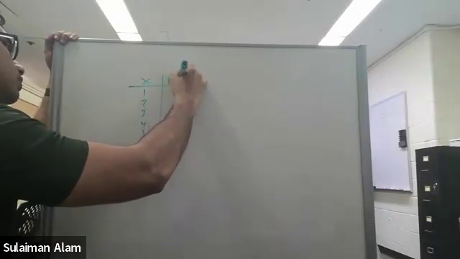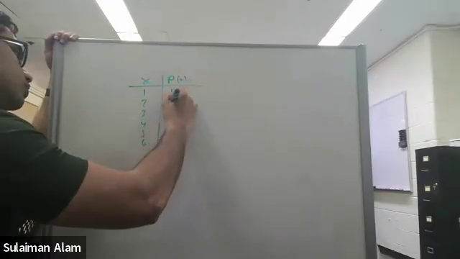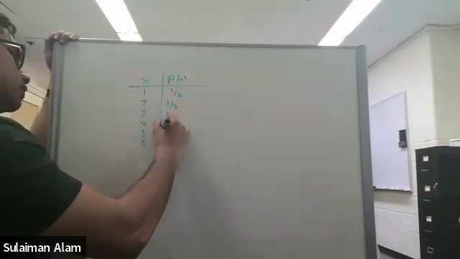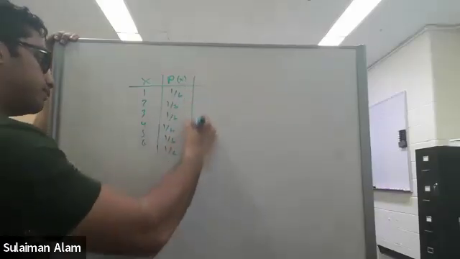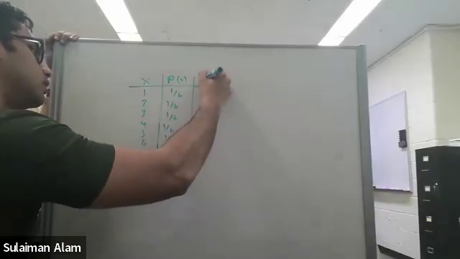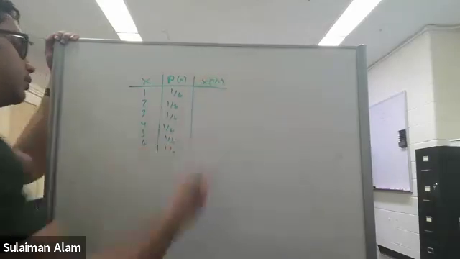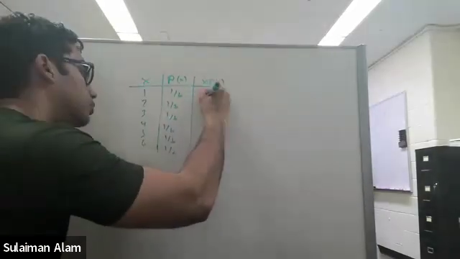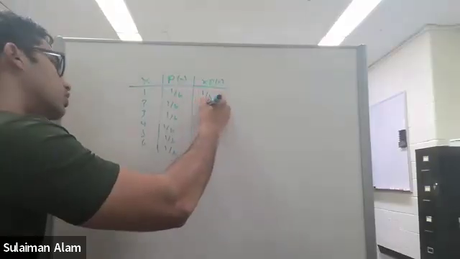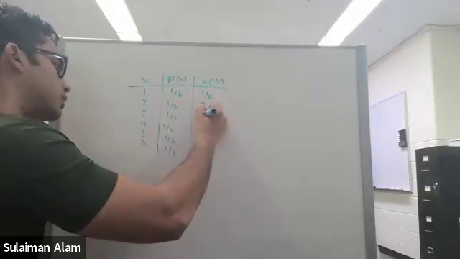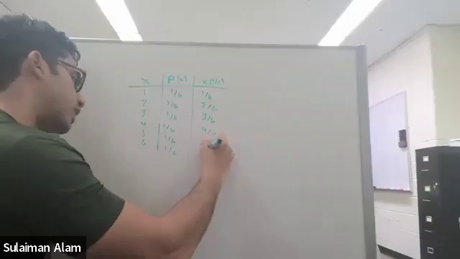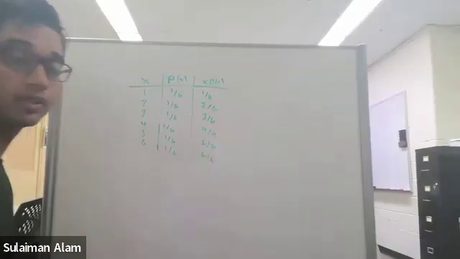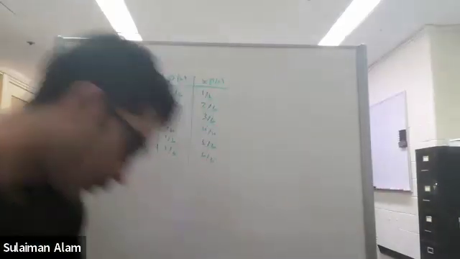What are each of their probabilities? 1/6, 1/6, 1/6, 1/6, 1/6, 1/6. Then we multiply: 1 times 1/6, 2 times 1/6, 3 times 1/6, 4 times 1/6, 5 times 1/6, 6 times 1/6, right?